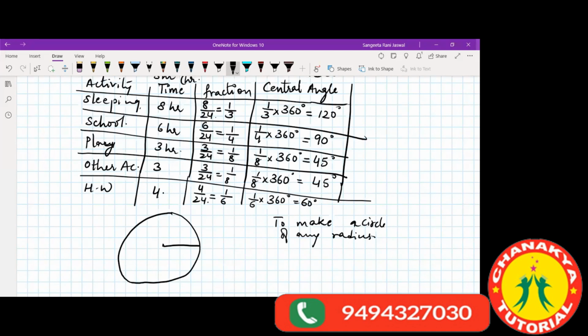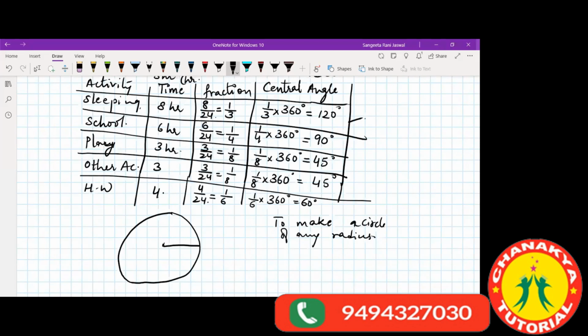Now I will keep my protractor on this. Like this, I will keep my protractor. The protractor's center point and this line will coincide with the point and the line. When you keep your protractor here, you have to make an angle of 120 degrees.